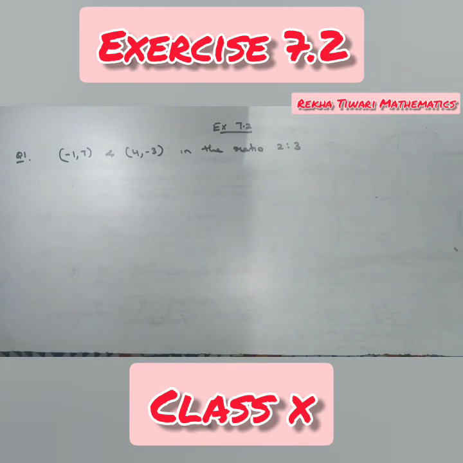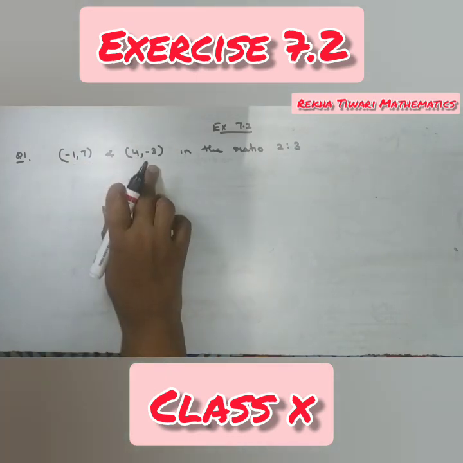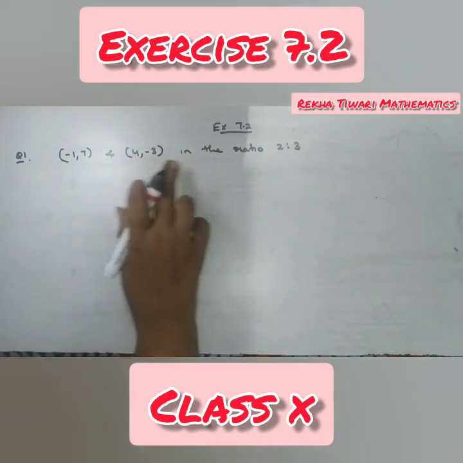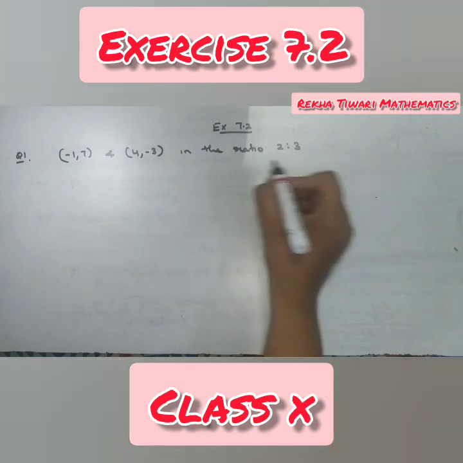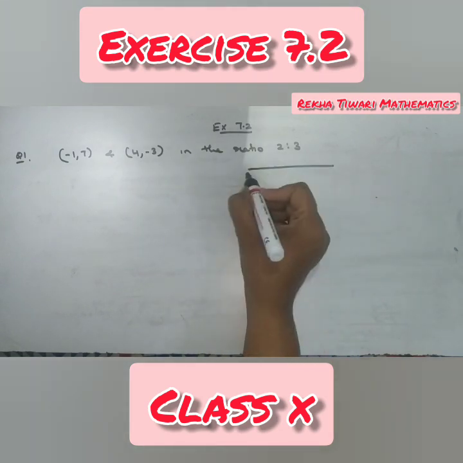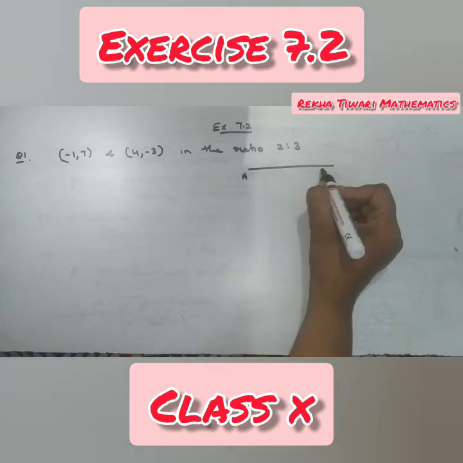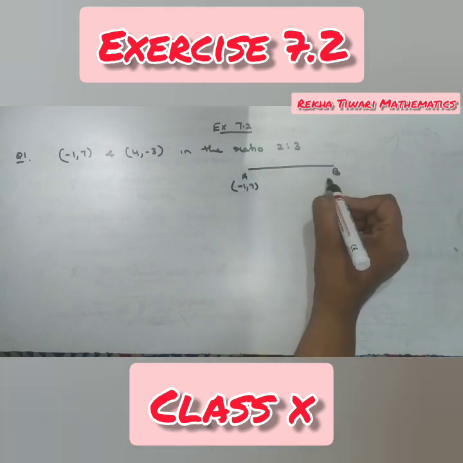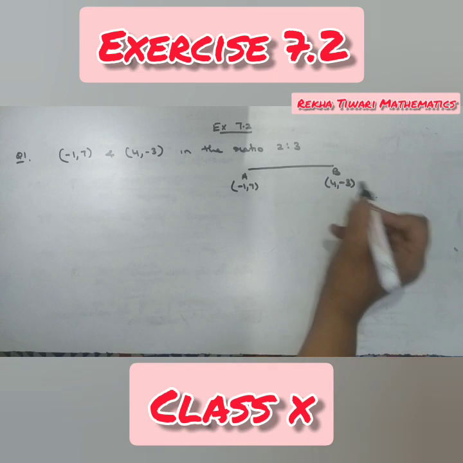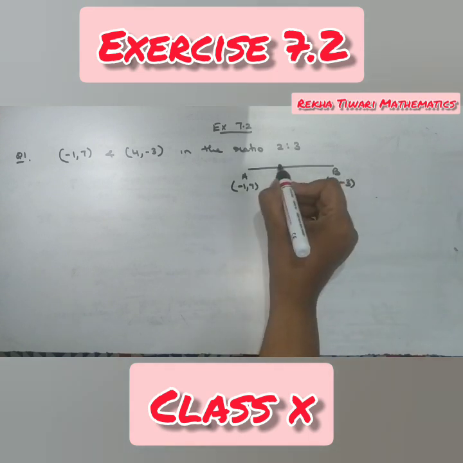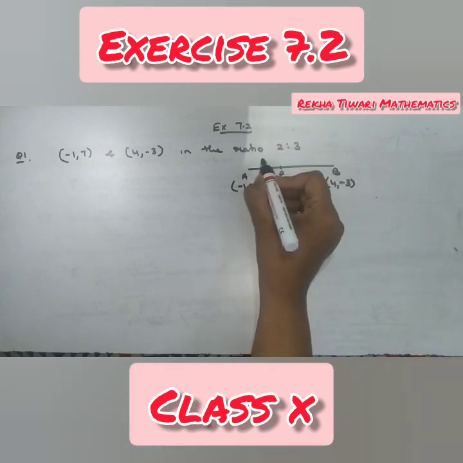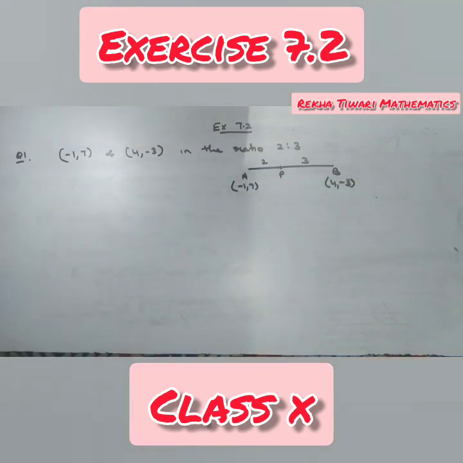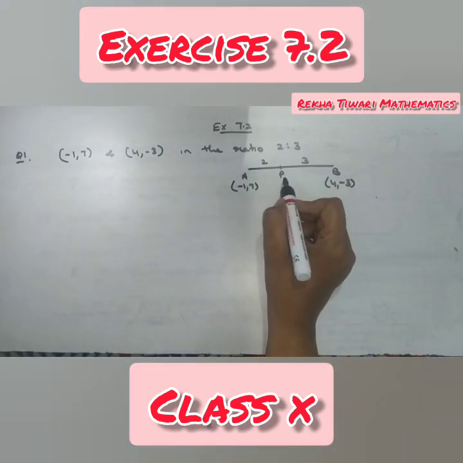What's the question? Find the coordinates of the point which divides the join of these two points in this ratio. So, for convenience, let us draw the figure. Suppose these two points are given to you, A and B. The coordinates of A are (-1, 7). The coordinates of B are (4, -3). It is divided by some point P in the ratio 2:3. I have to find out the coordinates of this point P.